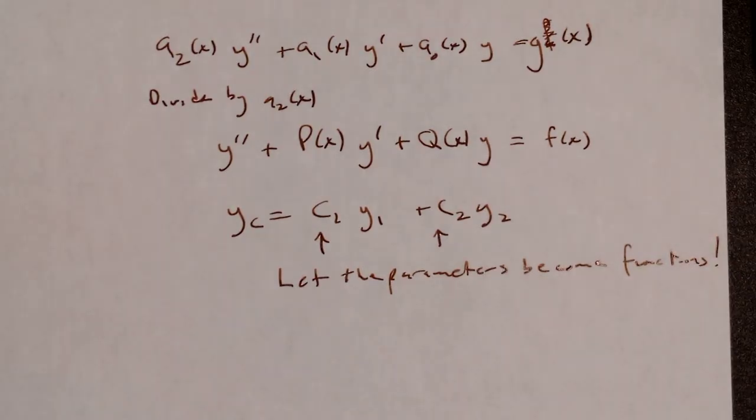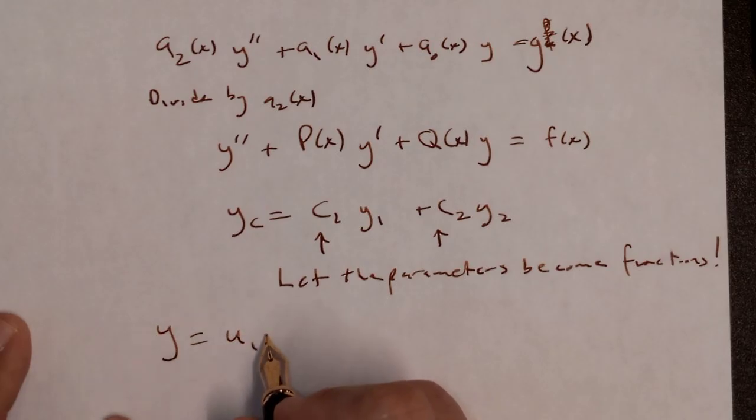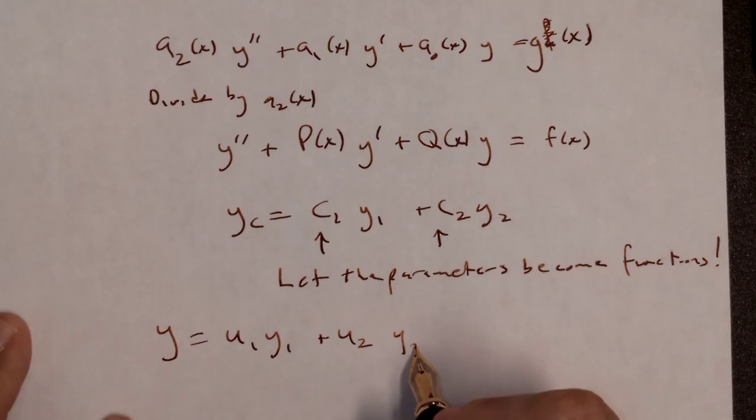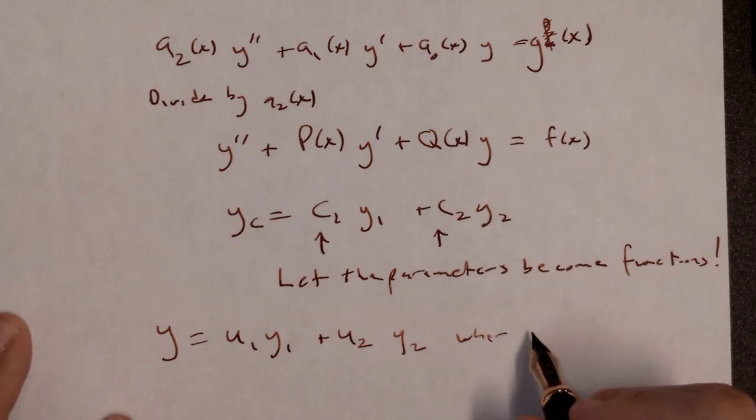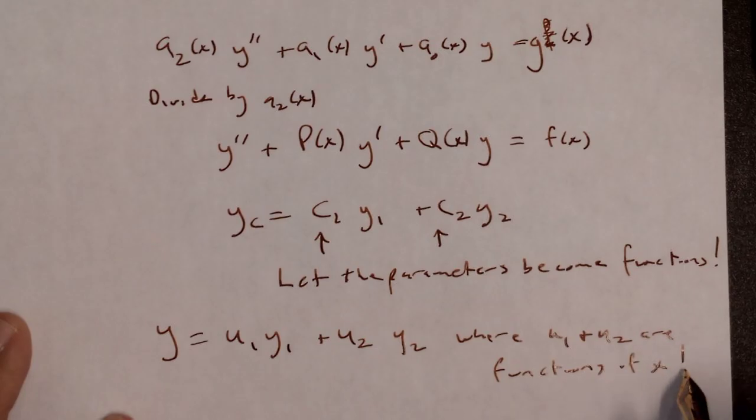All right, in my reduction of order, I called it U of X, but now I've got two of them, so it'll be U1 and U2. The next two steps suck.